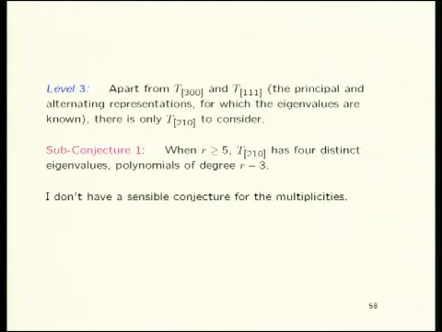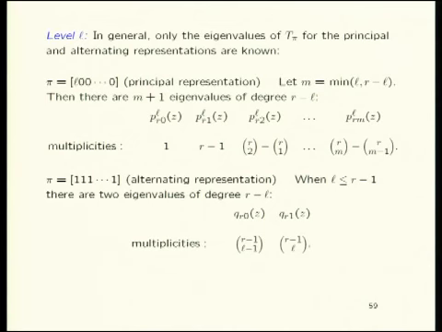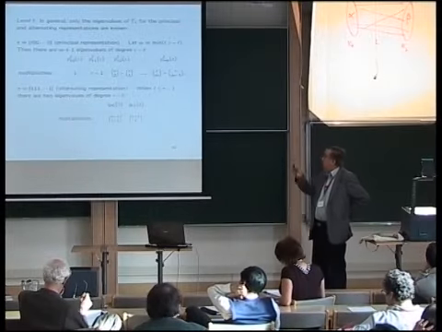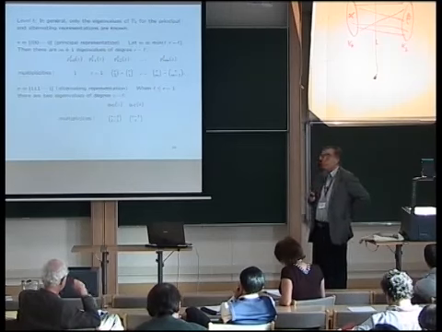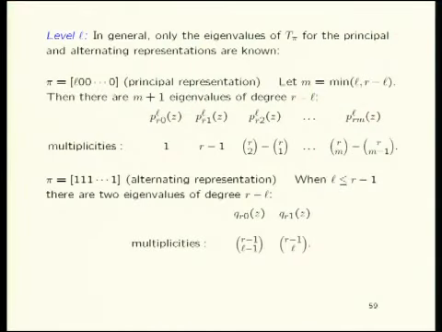For smaller values of r, less than 5, for example, some of them disappear because things collapse when you have small values. And I don't have any conjecture for the multiplicities there. So here is what we do know at each level for 2 particular partitions: the partition with 1 part and the partition with L parts, all equal to 1.